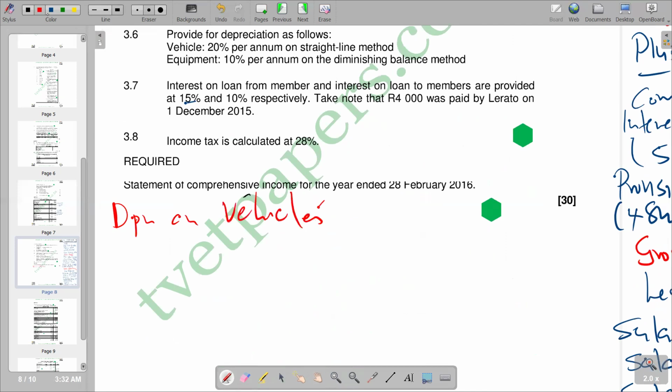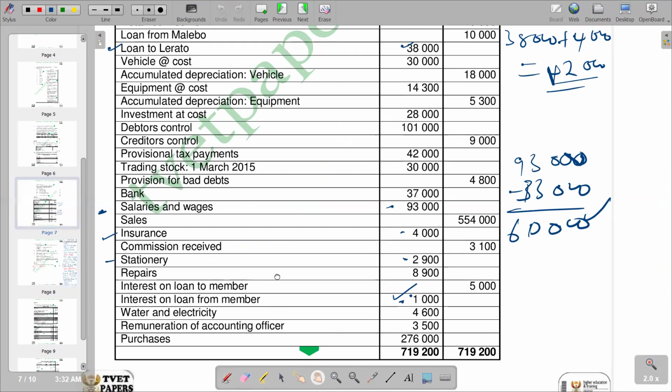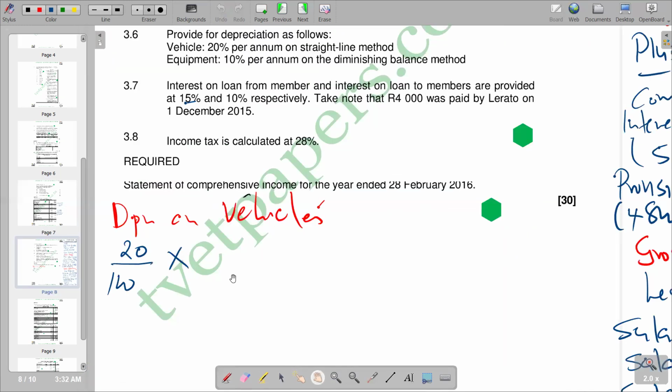We're given 20%, which is 20 over 100, multiplied by the cost of vehicles, which we find there is 30,000. So we multiply by 30,000, and the answer that we get is 6,000.